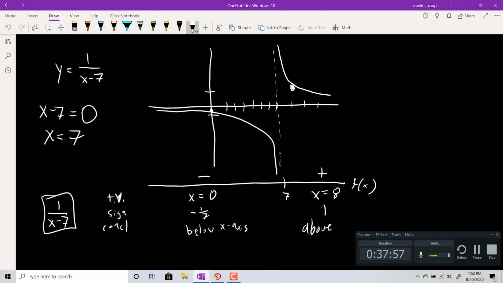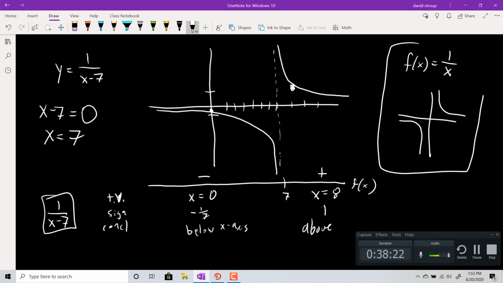These kinds of functions f of x, which equal 1 over x, all have the same sort of shape. They'll look like this. Whoops, I went the wrong direction on my guy. Sorry. They look like this on this side, and then this on the other side. And there's an asymptote for this particular one at x equals 0.